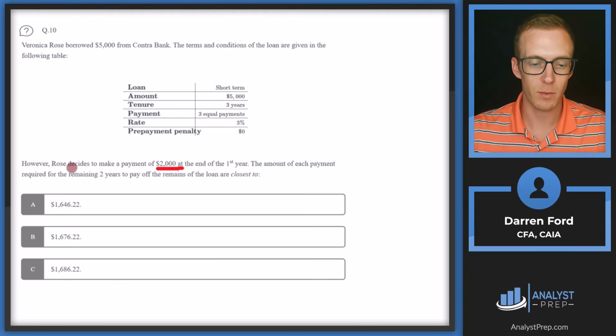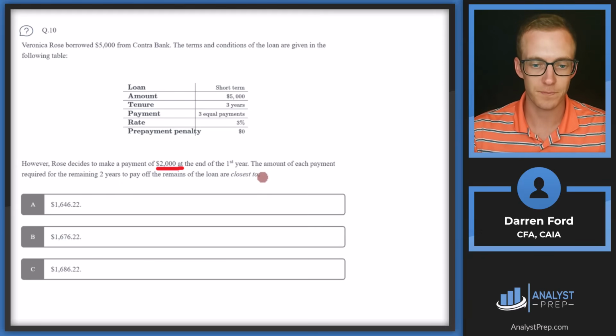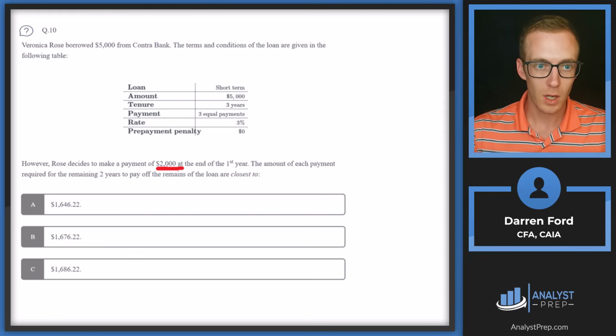The amount of each payment required for the remaining 2 years to pay off the rest of the loan is closest to. So instead of making 3 equal payments, we're now making a $2,000 payment, and then we need to do 2 more. Then we need to calculate what those 2 equal payments will be.